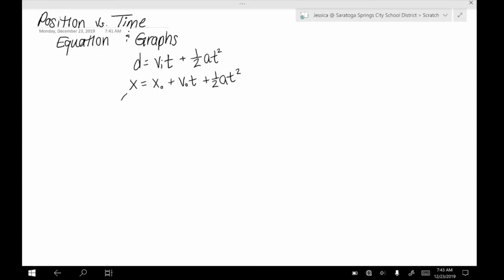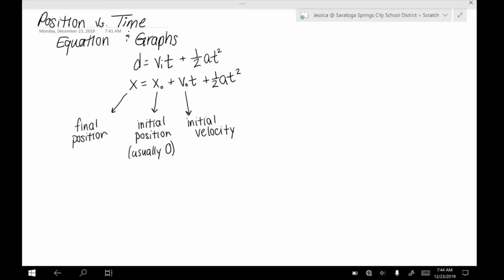Okay, so again, this is our final position, so our ending point. This x0 represents our initial position, meaning where we start. And for most of our problems, this is usually going to be 0. v0 is your initial velocity.